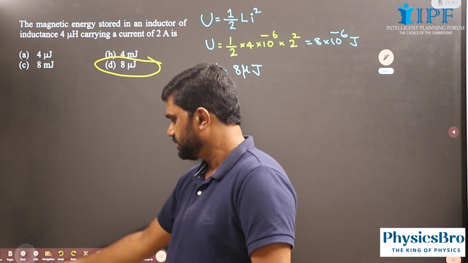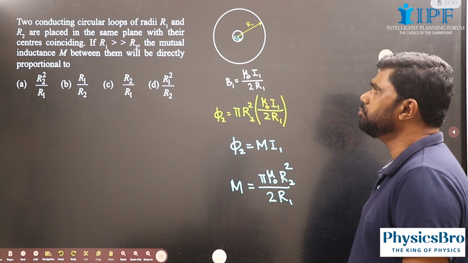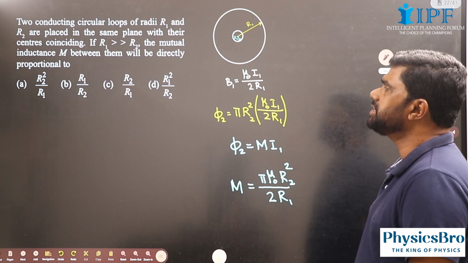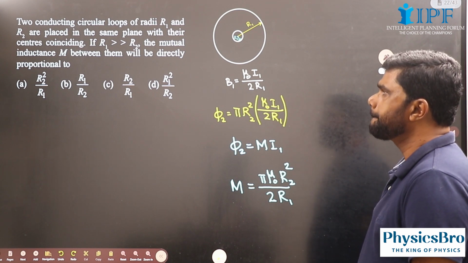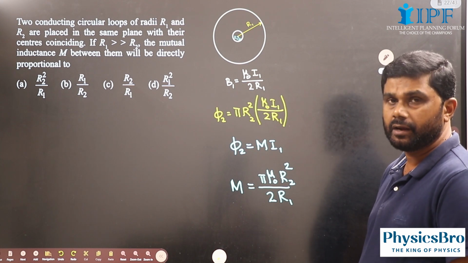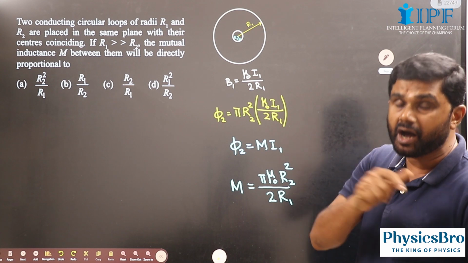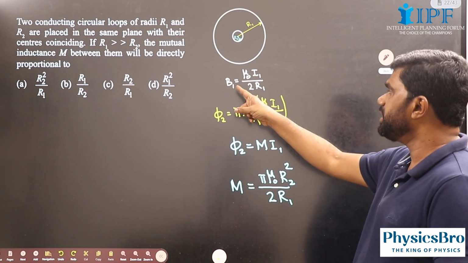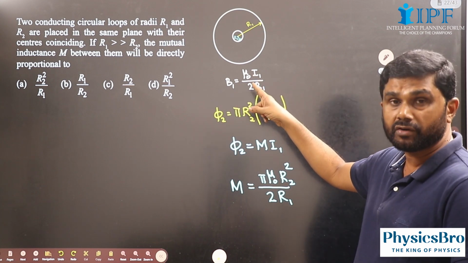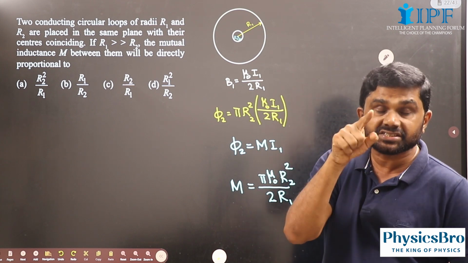Okay. Now, two conducting circular loops of radii R1 and R2 are placed in the same plane with their centers coinciding. If capital R1 is much greater than R2, why is capital R2 to be kept much smaller than R1? See, this B1 = mu 0 I by 2 R1 is the magnetic field intensity only at the center of the loop.